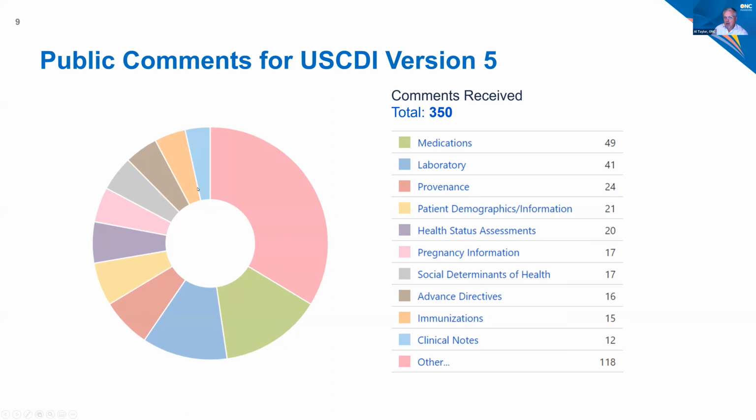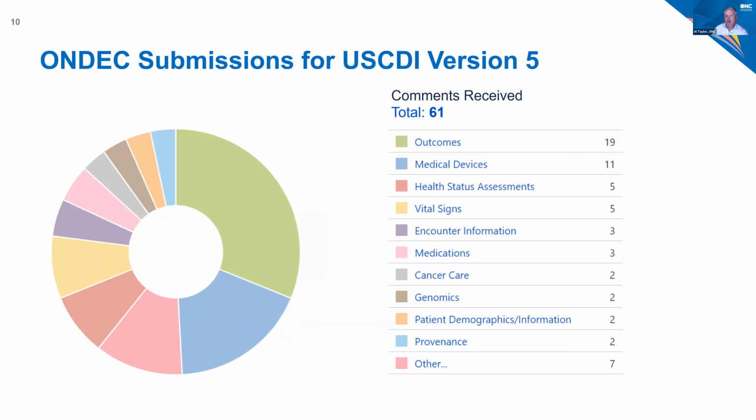These are comments on data elements that existed in version 4 or earlier. We also got 60 plus submissions through the ONDEX system, our data element submission system. And we're working on evaluating all of those submissions for new data elements and putting them all into consideration for future versions of USCDI.